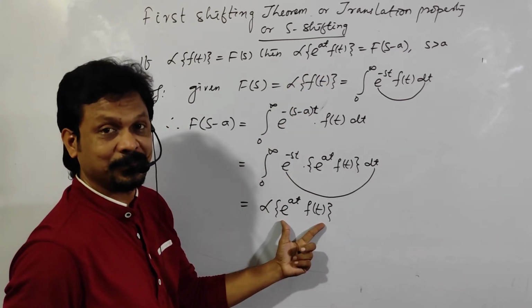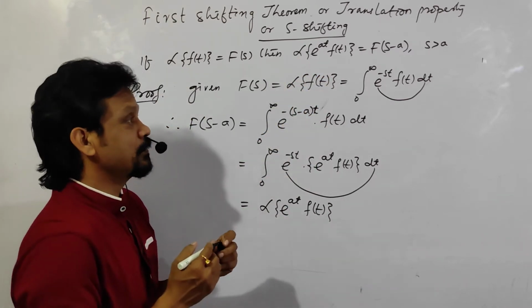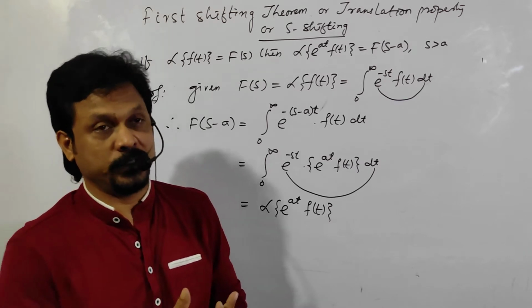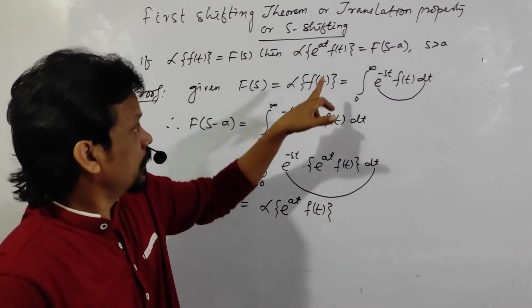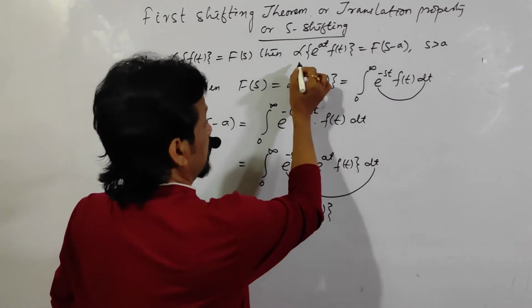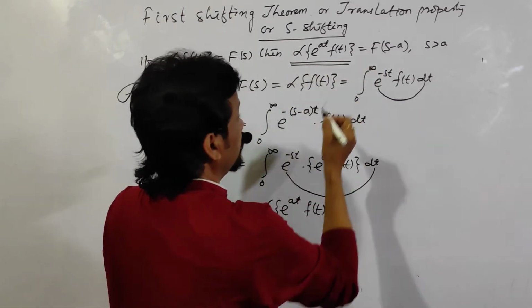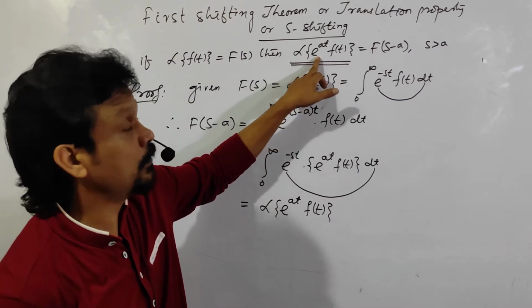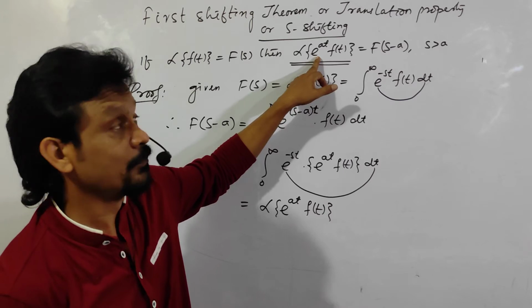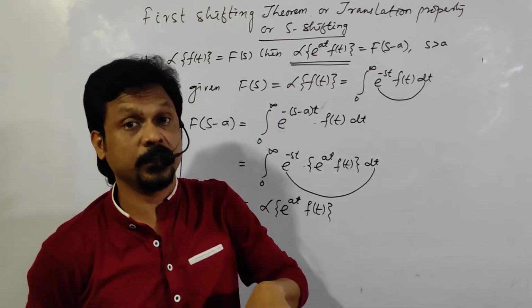What is the actual process while solving the problems? First of all, you should find the function which is multiplied with the exponential function. e to the power at t is the exponential function.